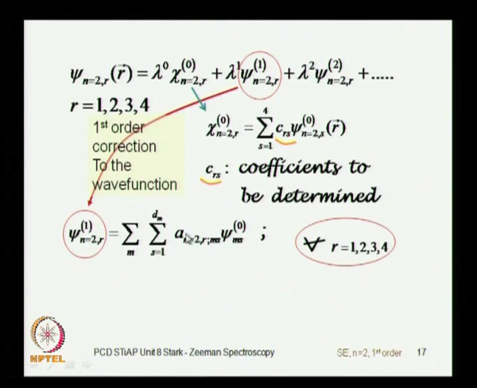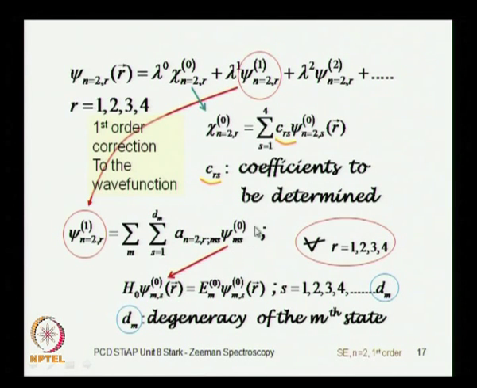So the coefficient will therefore be indexed by r and also by m and s, and this is the coefficient coming in the expansion for the perturbation solution for n equal to 2. So I carried that index n equal to 2 as well. The coefficient a here has a number of indices, and all of them are important, and I suppose that you have followed why each index is of significance.